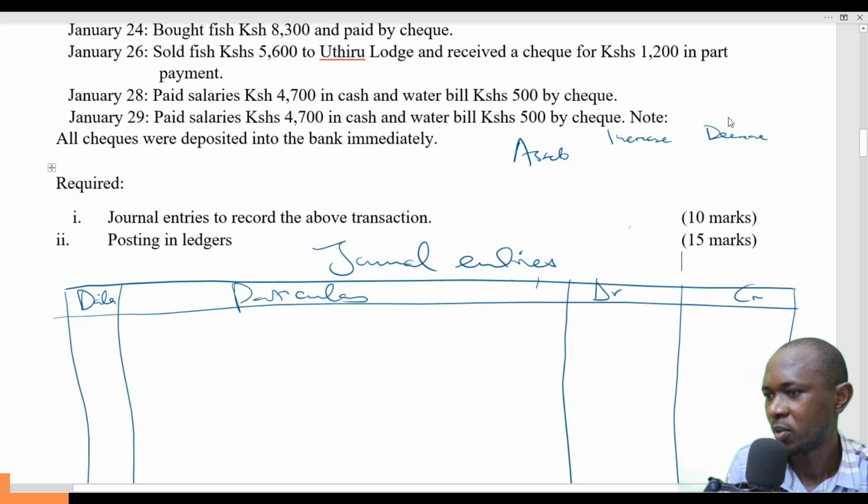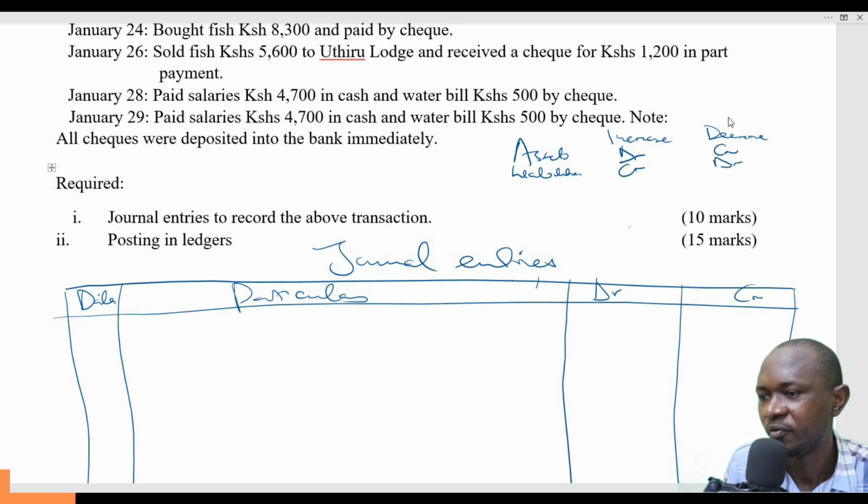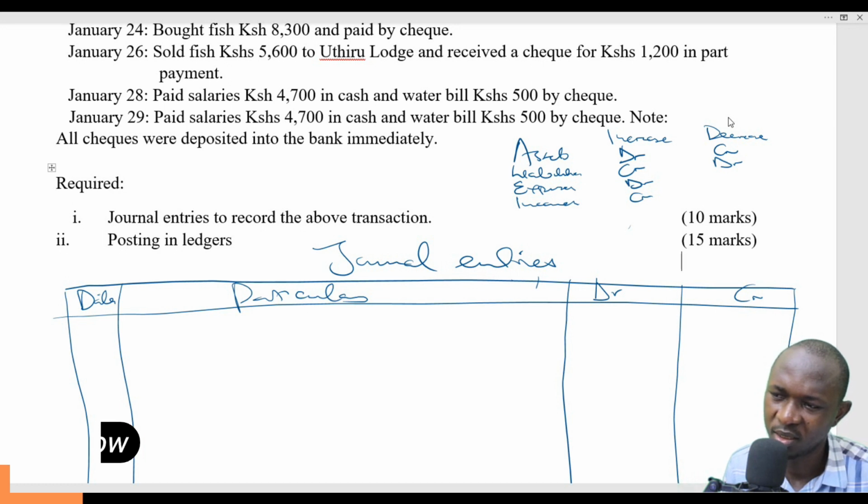If you're talking about liabilities, an increase in liability is a credit, a decrease in liability is a debit. Expenses are debit entries, and incomes are credit entries. Assets, liabilities, expenses, incomes. Let's work with this, but it is just a guide. So we'll come back here.